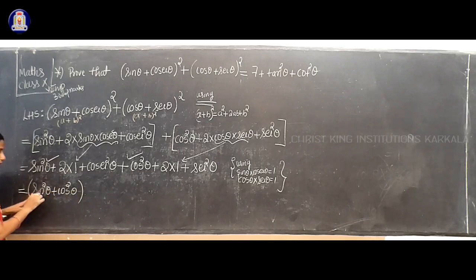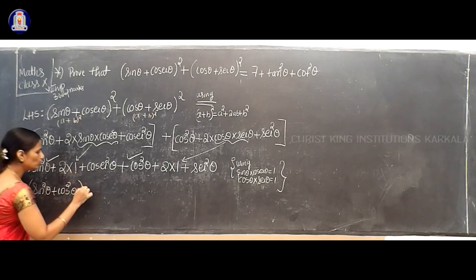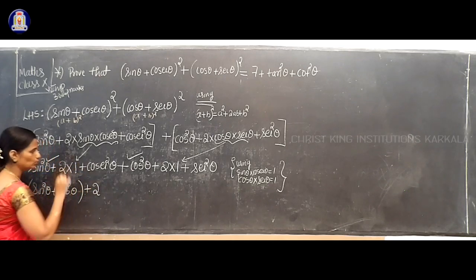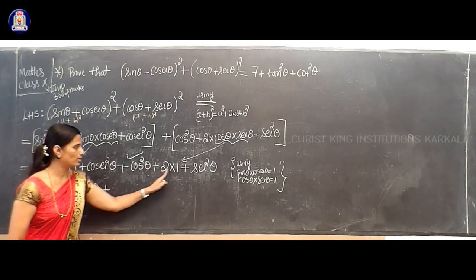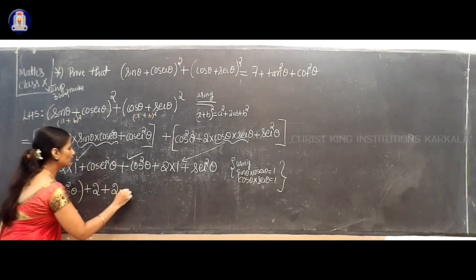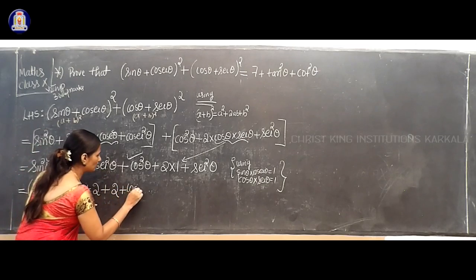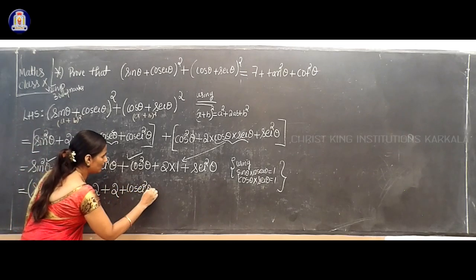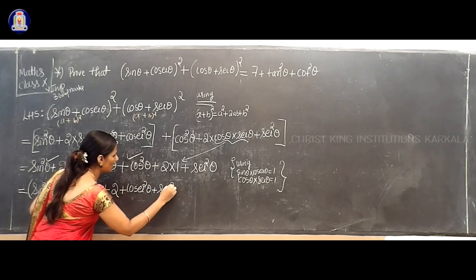Why? We know the formula sin square theta plus cos square theta can be changed to 1. Next, 2 into 1 is 2, plus here is one more 2. What is left is cosecant square theta plus secant square theta.